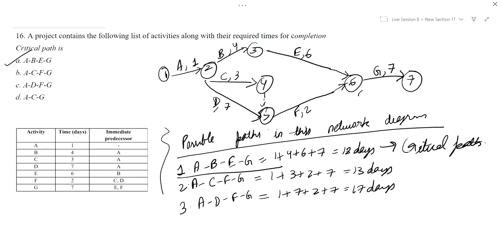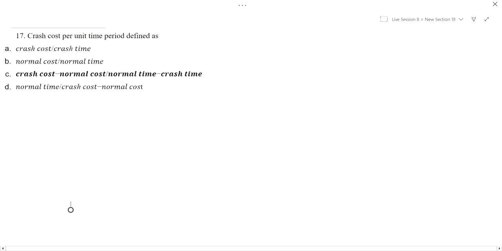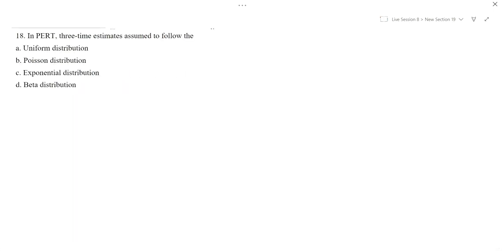So the next question, crash cost per unit time period, defined as we already discussed, is crash cost minus normal cost by normal time minus crash time. Next question, in PERT, three estimates are assumed to follow the uniform distribution, Poisson distribution, exponential distribution, or beta distribution. We already discussed this is the beta distribution.